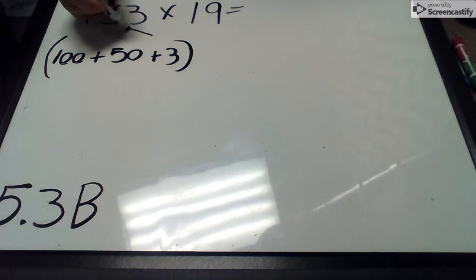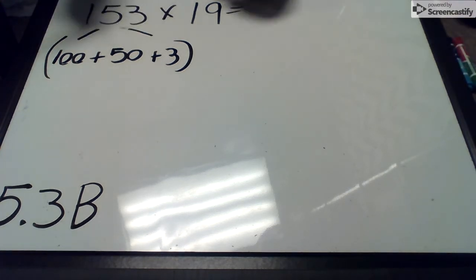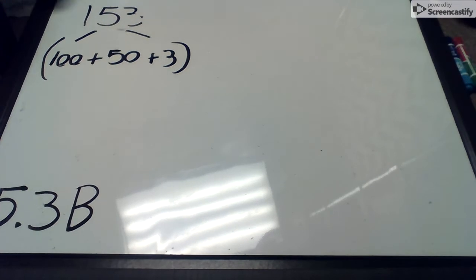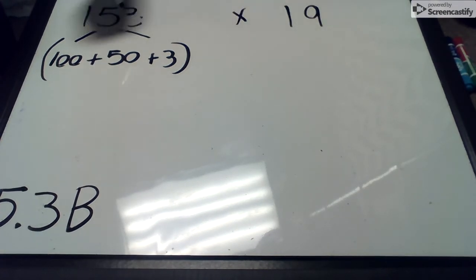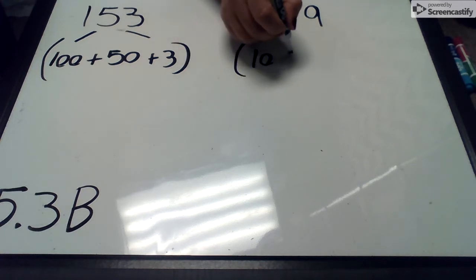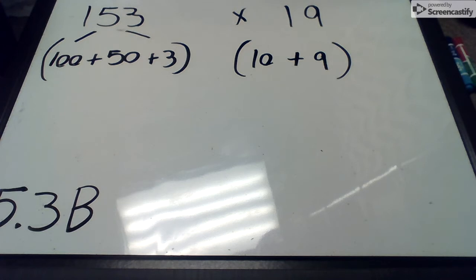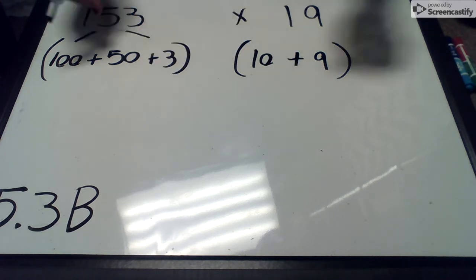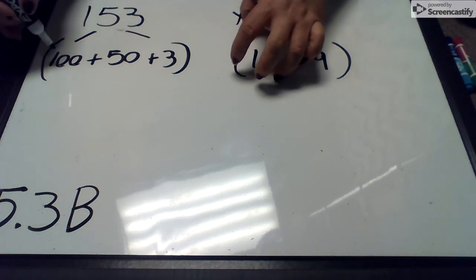That's what this means right here. And 19 is the same as a 10 and a 9. So what I'm going to do is distribute this across here. I'm going to do the 10.